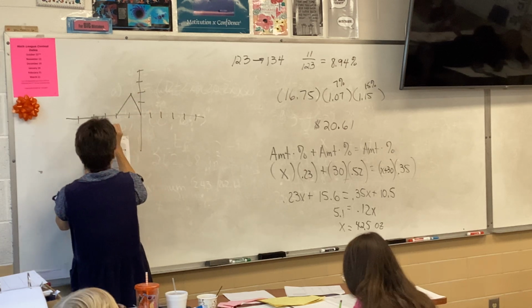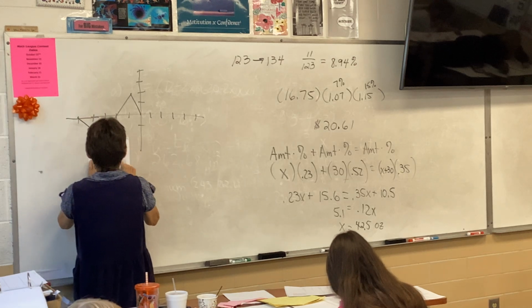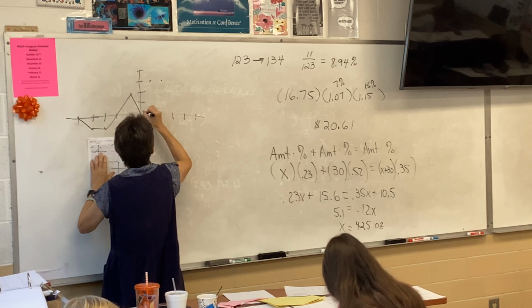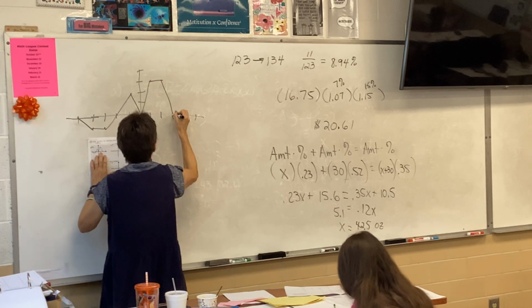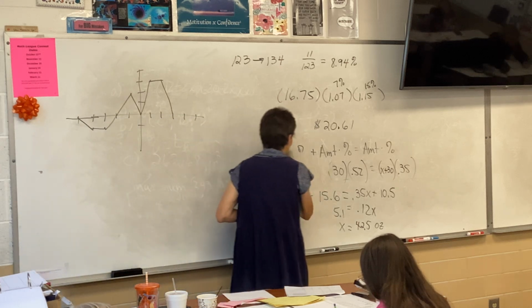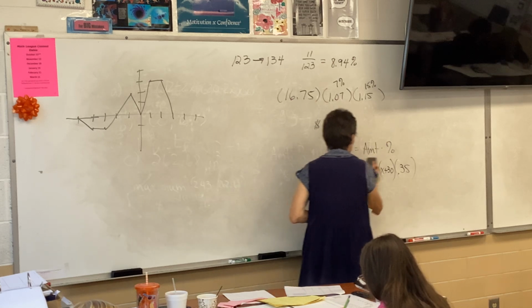And then I have a little trapezoid. And then I have a big trapezoid. All right, so there's my given. That's what I'm starting with.